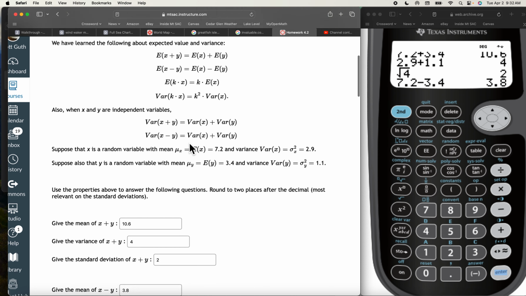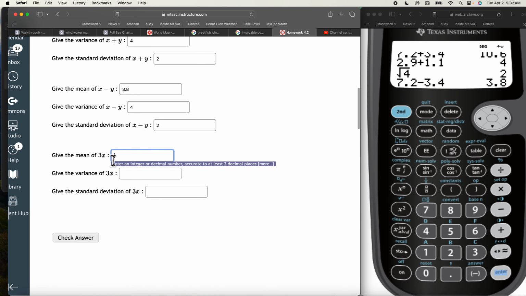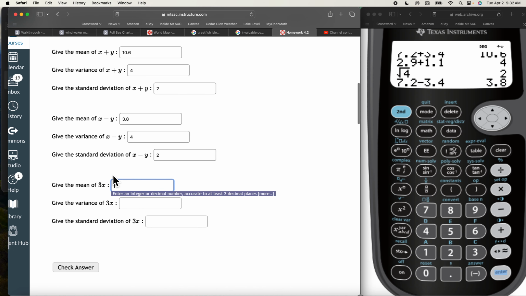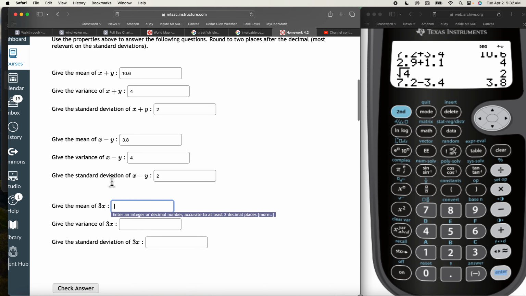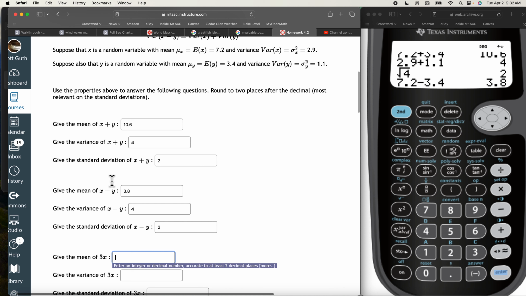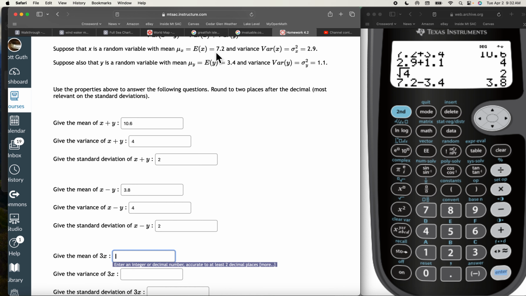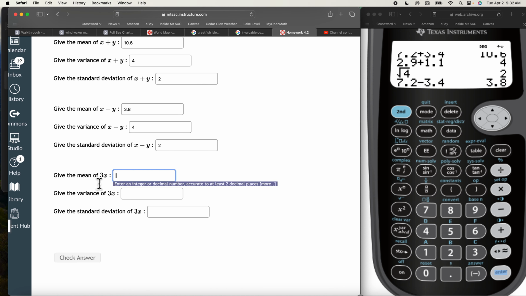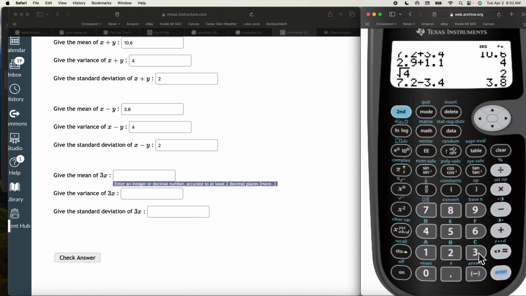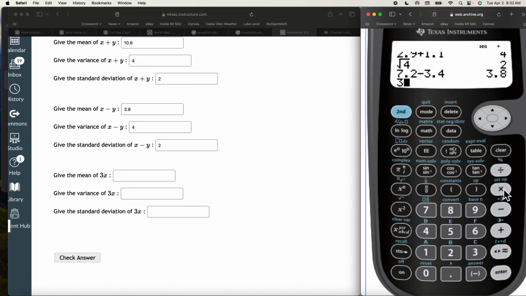Okay, so if we multiply all the values by 3, then the mean gets multiplied by 3, is what that says. So the mean of x up here was 7.2, and we're doing the mean of 3x, so we would just do 3 times 7.2, like that, 21.6.